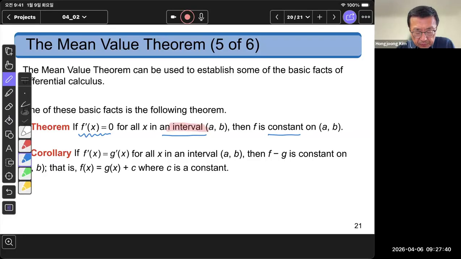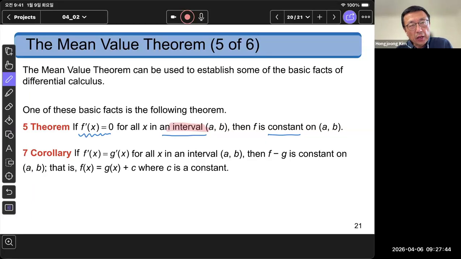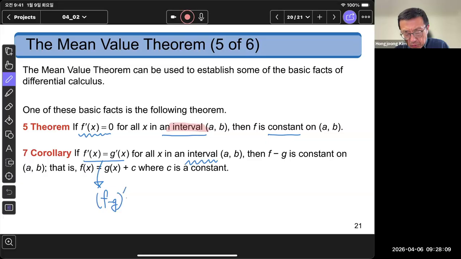And if I have two functions, f and g, and their derivatives are the same for all x in some interval, well, if f prime and g prime are equal, then that means f minus g has zero derivative. Then what does theorem 5 say?